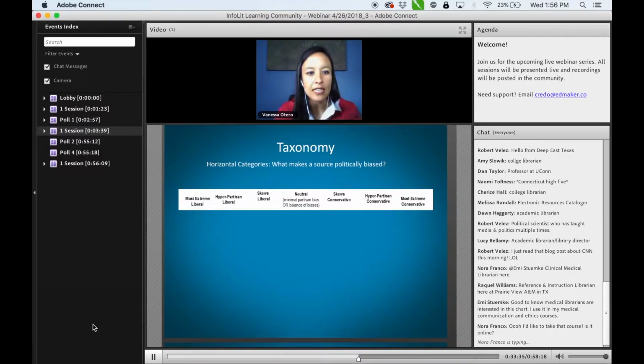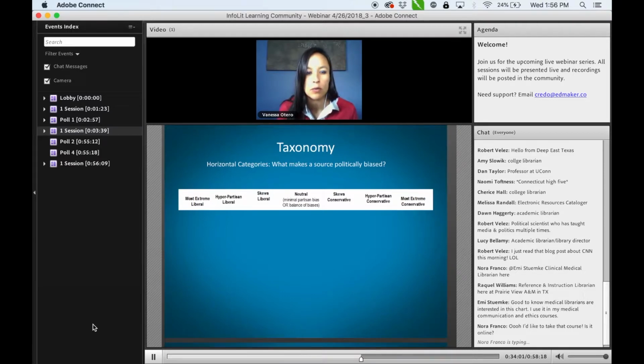So a lot of folks take issue with the term neutral, thinking that I mean completely unbiased. And I don't mean completely unbiased because I don't think that anyone is unbiased. Everyone is a human. I am a human. I am biased. So what we're referring to when we talk about neutral is minimal partisan bias or a balance of biases.